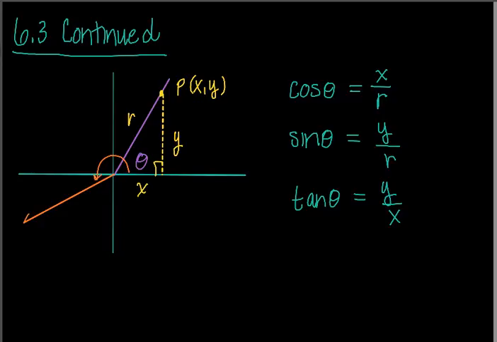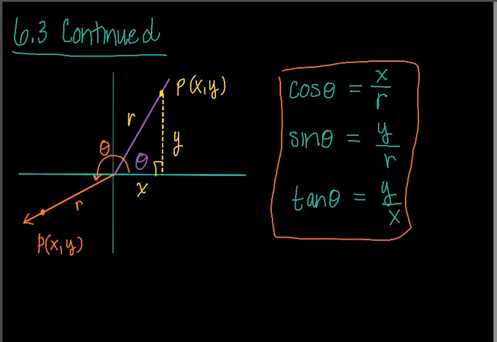So if this is my theta, I have some point on this theta, P of (x, y), and r is the distance from the origin to that point. Again, these new definitions are going to define cosine, sine, and tangent of this orange angle, theta.